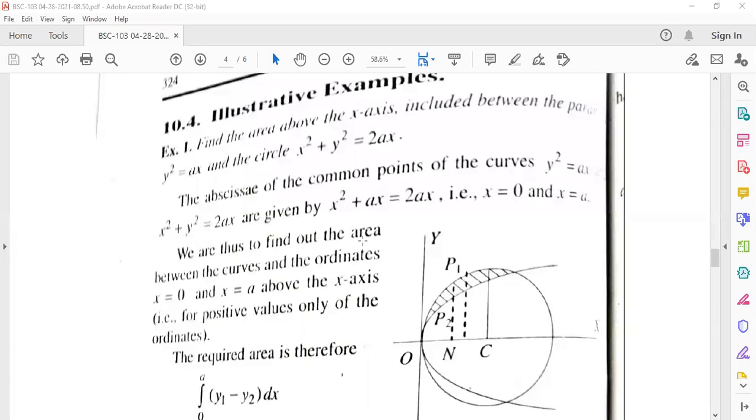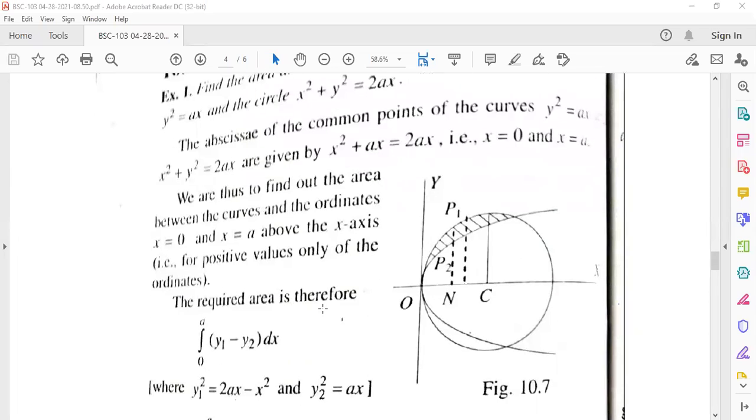We have to find the area between the curve and the ordinates x equal to 0 and x equal to a. This is x equal to 0, the y-axis, and x equal to a, this one. Above the x-axis, taking the positive values only of the ordinates, the required area is coming here, 0 to a, about the x-axis. So we are taking the integration along the x-axis, so dx is the variable.